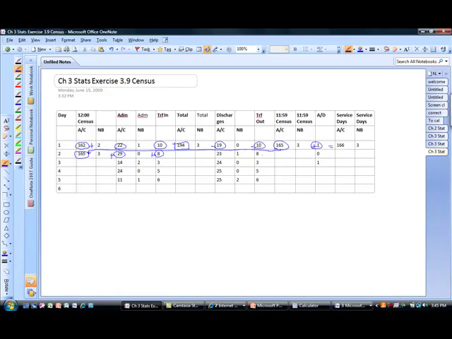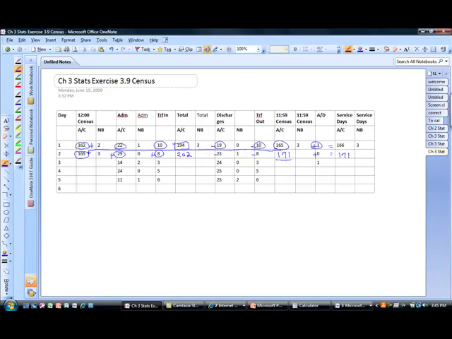This gives us a total of 202. We're then going to subtract the 23 discharges and the 8 that were transferred out. That will give us a total of 171 for our ending census. We're then going to add the admissions and discharges, which is 0, for a total service days of 171.